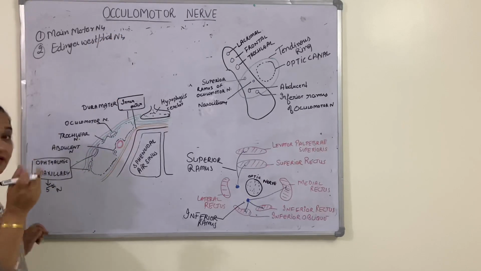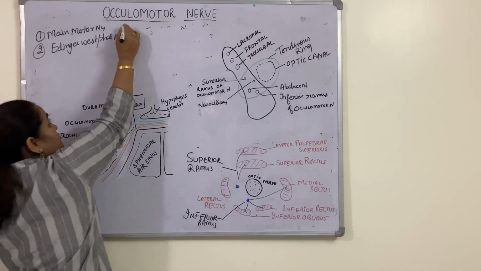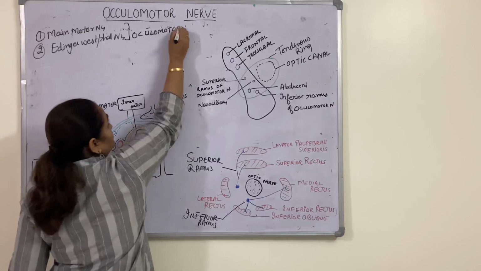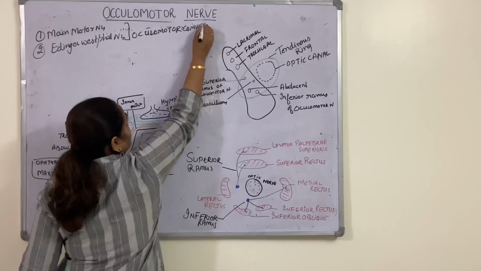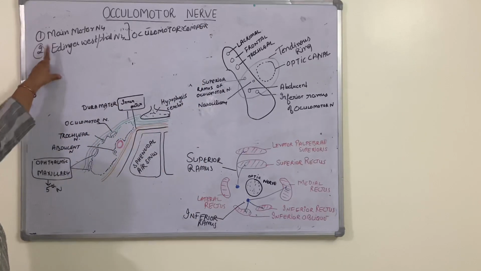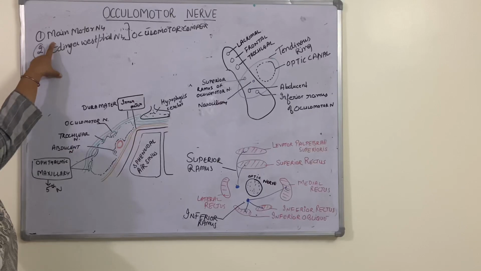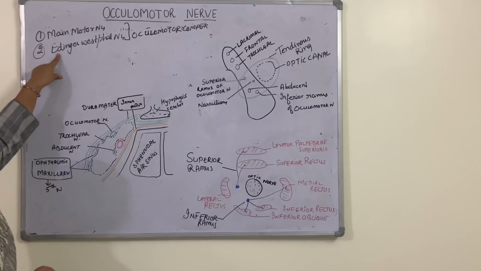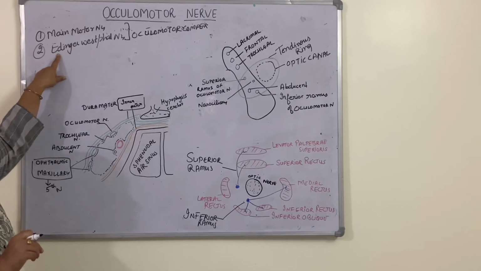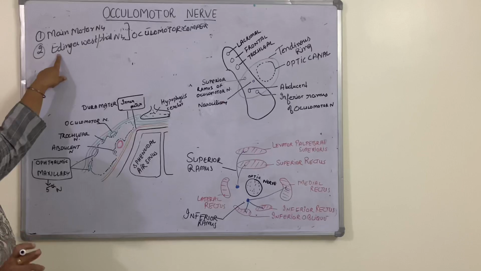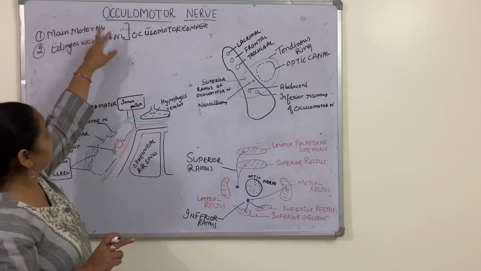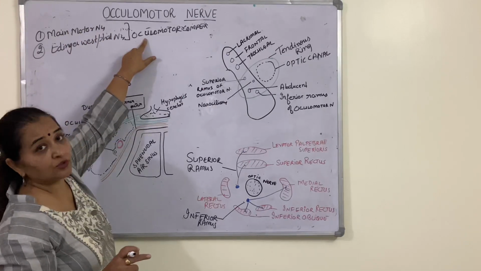These two nuclei lie in the midbrain, and both form the oculomotor complex. Main motor nucleus fibers are the special somatic efferent fibers which supply all the extrinsic muscles of the eyeball except lateral rectus and superior oblique. Edinger-Westphal fibers are the general visceral efferent fibers which supply the sphincter pupillae and ciliaris muscle. Both these nuclei lie in the midbrain, and in combined form we call them the oculomotor complex.